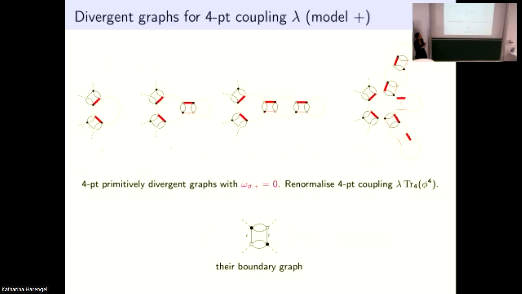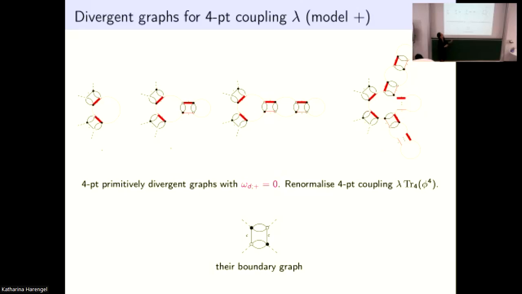With that in mind, if you look at the 4-point divergent graphs, which renormalize the 4-point coupling lambda, then I have these kinds of graphs. This is the one-loop order, and then you insert the enhanced phi-4 coupling, and you won't change the degree of divergence.